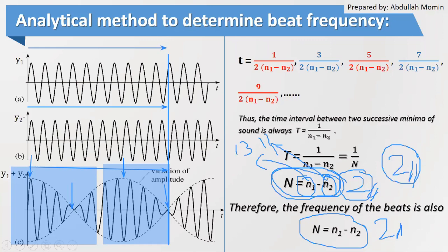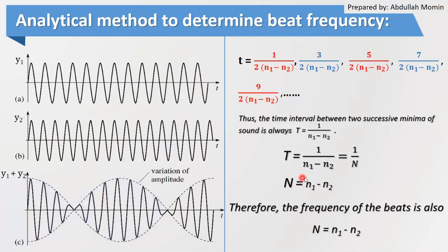So the difference between these two sound waves will be 2. So if the difference of the two sound waves is 2, the frequency of waxing will be 2, the frequency of waning will be 2, and the frequency of beat is also 2. So this is nothing but the beat frequency, which is equal to the difference between the frequencies of the two sound waves interfering with each other.